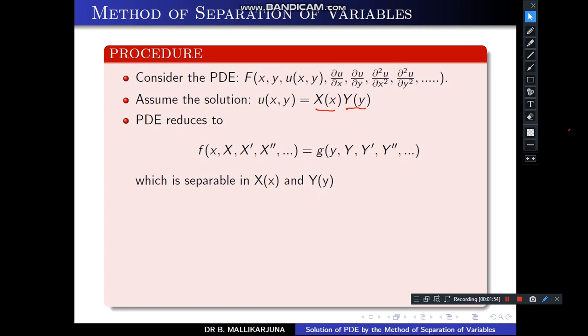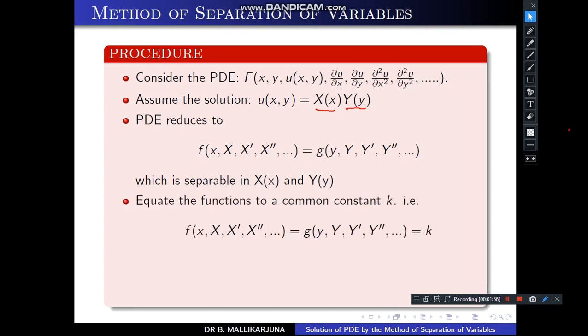Now these two functions equate to a constant. Suppose the constant is k. This is like f is equal to g is equal to k, where f is in terms of x and g is in terms of y, and these two are equal to the constant k.